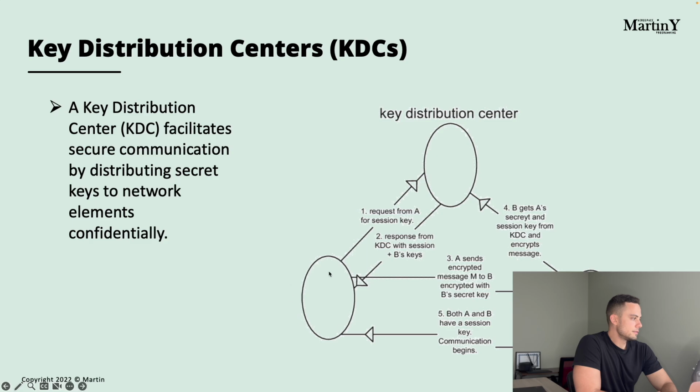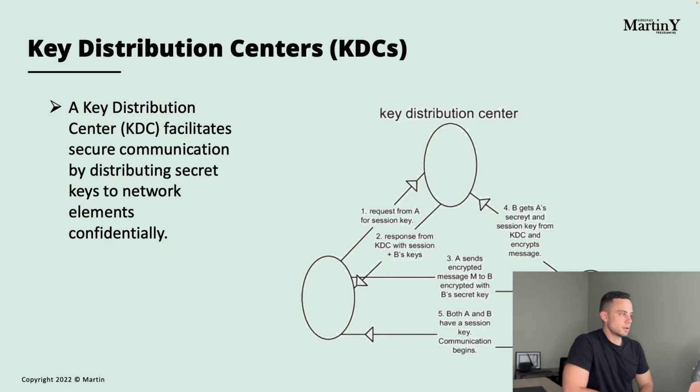If this circle is the sender and the other one is the receiver, what the sender needs to do is first request from the key distribution center the session key and the B secret key. The session key is a key that is created once A wants to communicate with B. So when we start the session, we create a session key. The B secret key is obviously the key that B has for encryption, since now we're talking about symmetric encryption.